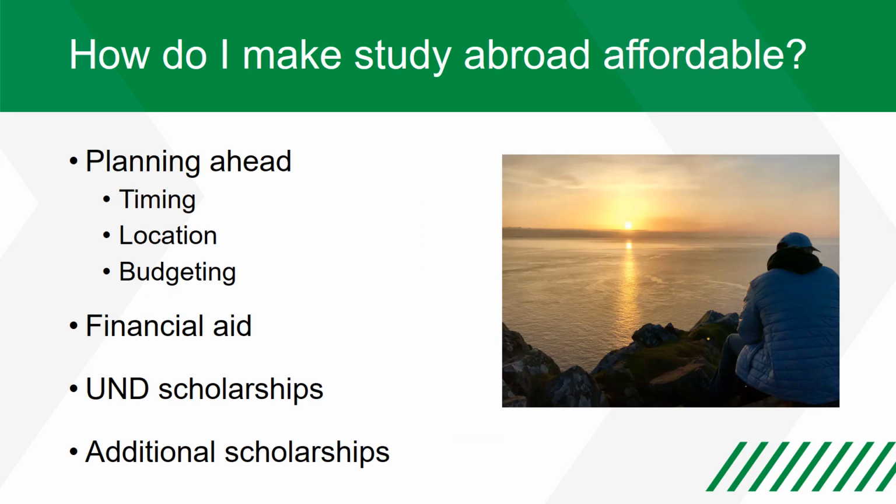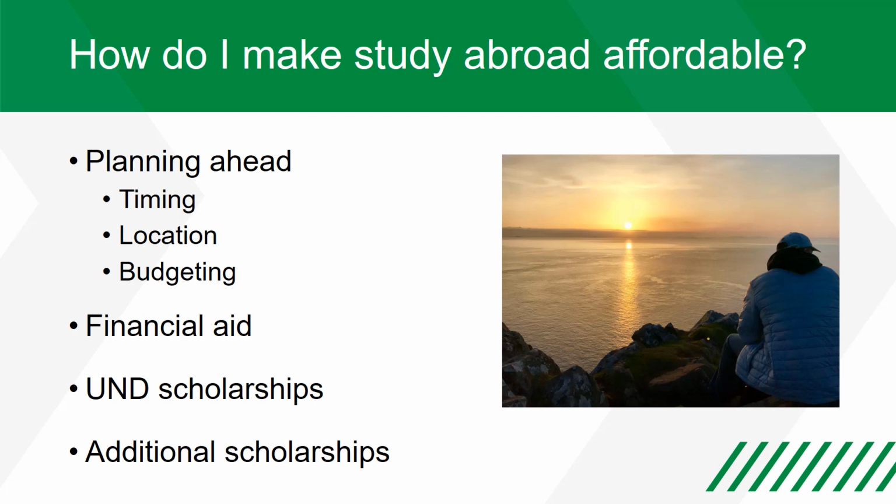So how do you make study abroad affordable? The biggest advice is to plan ahead. Planning ahead not only gives yourself the opportunity to try saving money, but also gives you the time to review all of these options in detail. So timing. Will your intended program push your graduation deadline? Is it aligning already with your academic plan? Or is it during a term you weren't already planning to take classes?